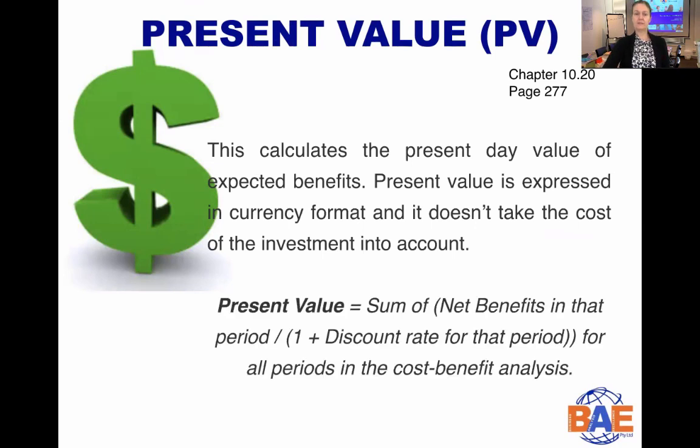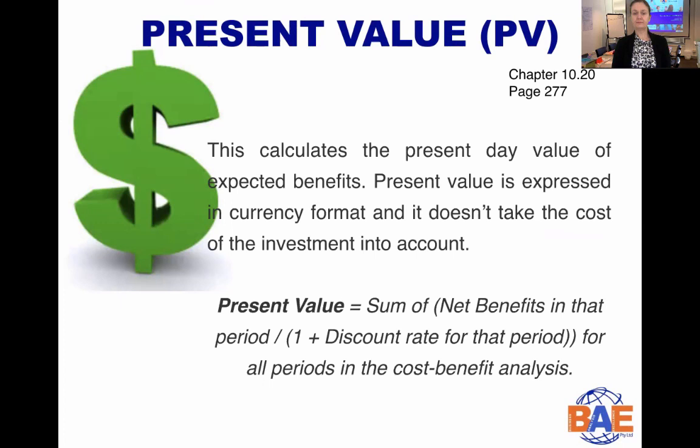You calculate the present value by taking the sum of the net benefits in a period divided by 1 plus the discount rate for that period, for all of the periods in the cost-benefit analysis.